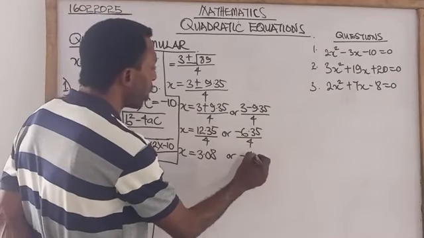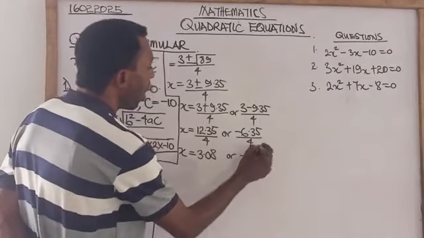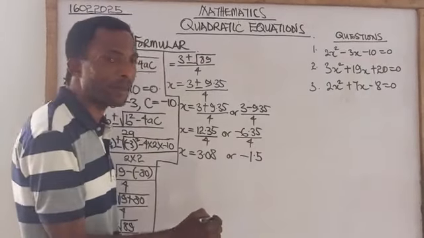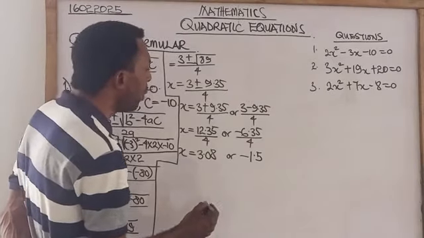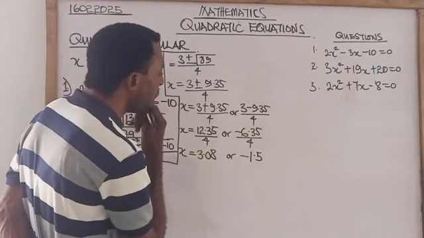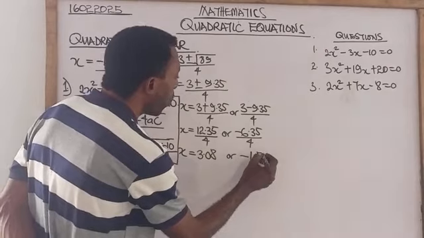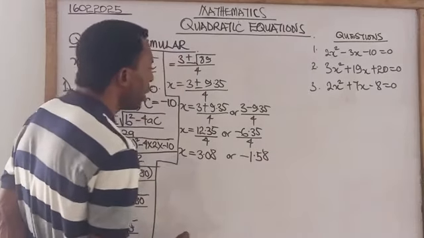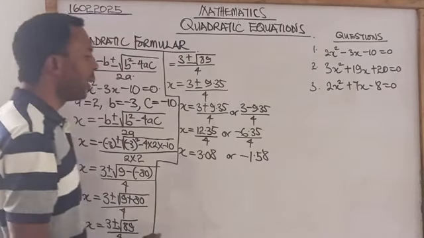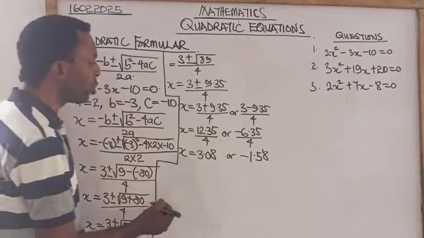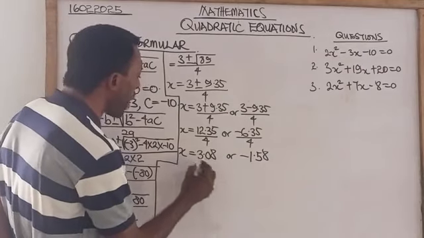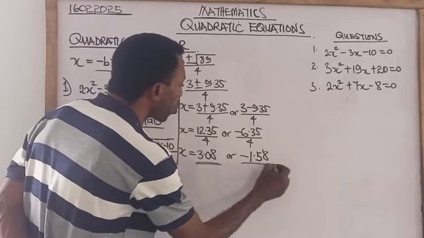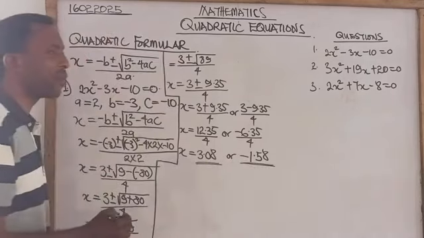Then in 23, that will give us 5 times, remainder 3. In 35 again, 4 goes 8 times. Now we limit it to this value, so the value of x will be 3.08 or minus 1.5.